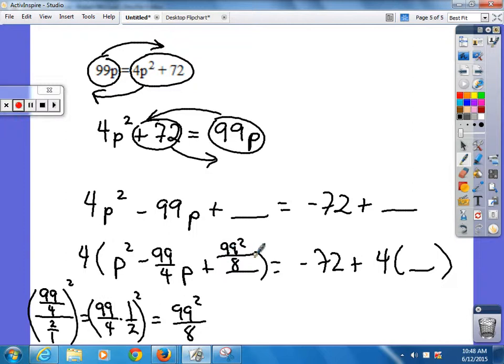Something just don't feel right there. That 8 just don't feel right. Make sure. 99 over 4 divided by 2 over 1. Okay. Usually that comes out to be a perfect square and you take the square root of both. That's why I was worried about it.